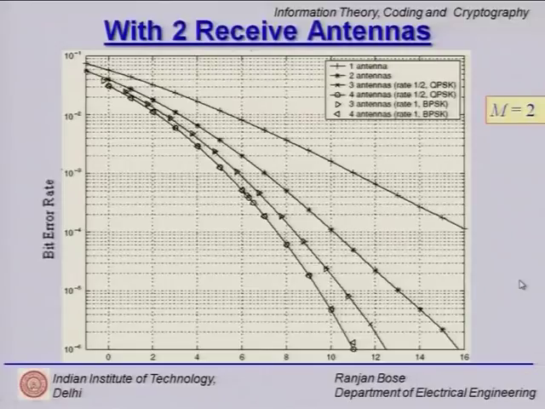Let me try to conclude this talk by looking at what happens if we put in 2 receive antennas, so n is equal to 2. My variable now is n, where I vary my n from 1, 2, 3, 4, so up to 4 transmit antennas and 2 receive antennas. Clearly, we have seen that the diversity gain is m into n. If you compare the first case of single antenna at the transmitter but 2 antennas at the receiver, you get some gain.